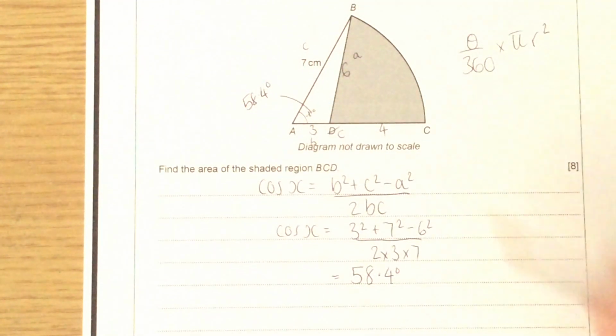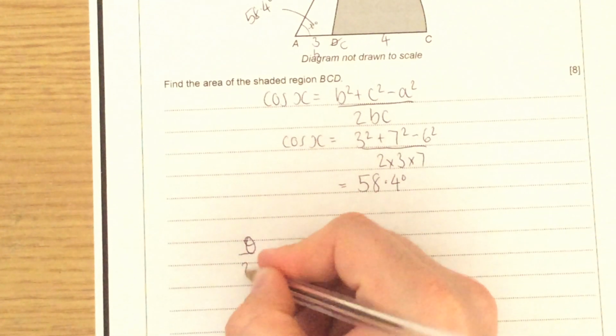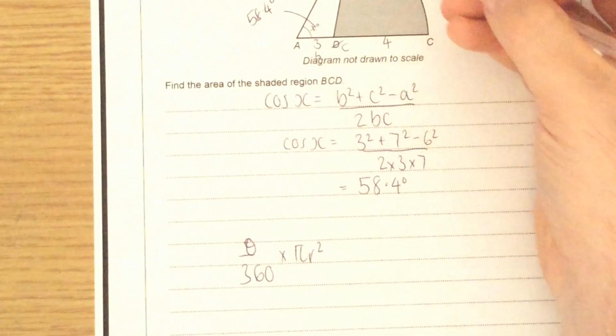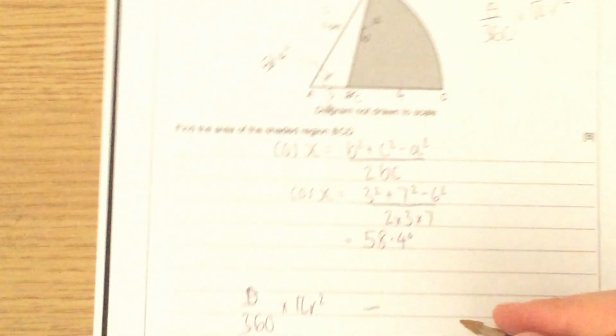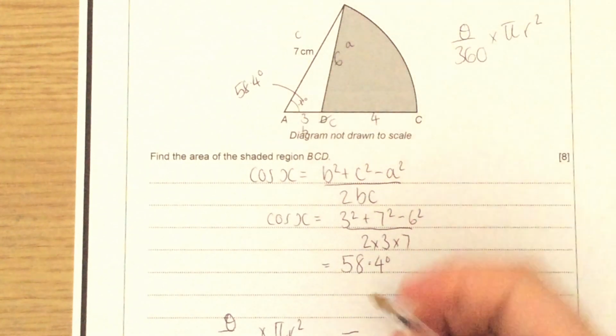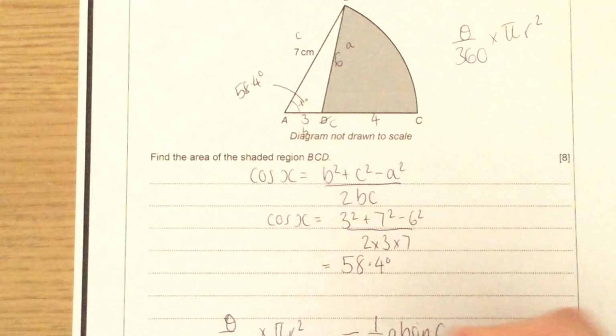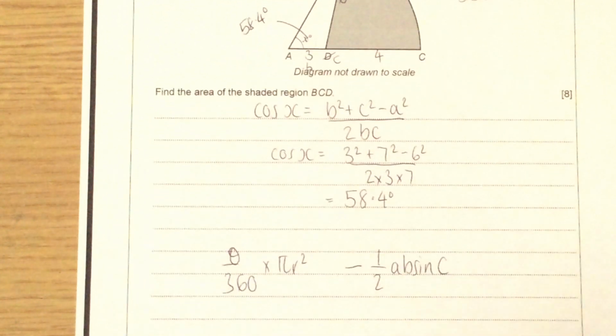Now, in terms of my strategy for finding the shaded area, I'm going to do the theta over 360 times pi r squared that we said for the whole sector. And then I'm going to take away from that the area of this triangle, which is a half AB sine C. And remember, that formula is given to you, but the other one isn't.